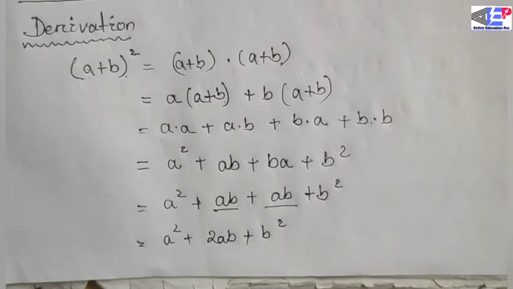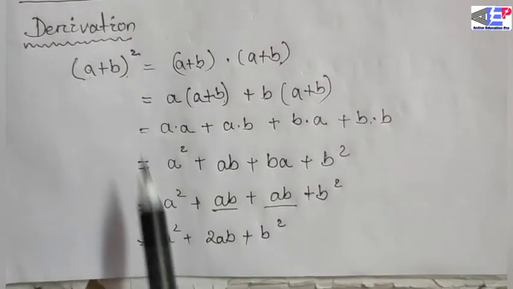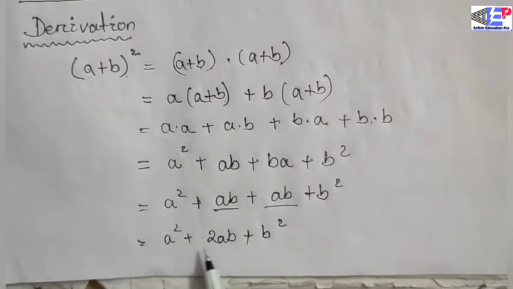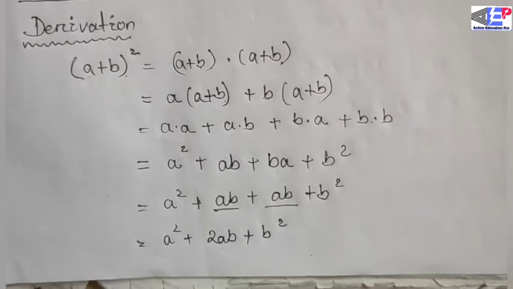It is your answer. (a plus b) whole square is equal to a square plus 2ab plus b square. Otherwise we say it normally as a square plus b square plus 2ab, because addition has the commutative property.